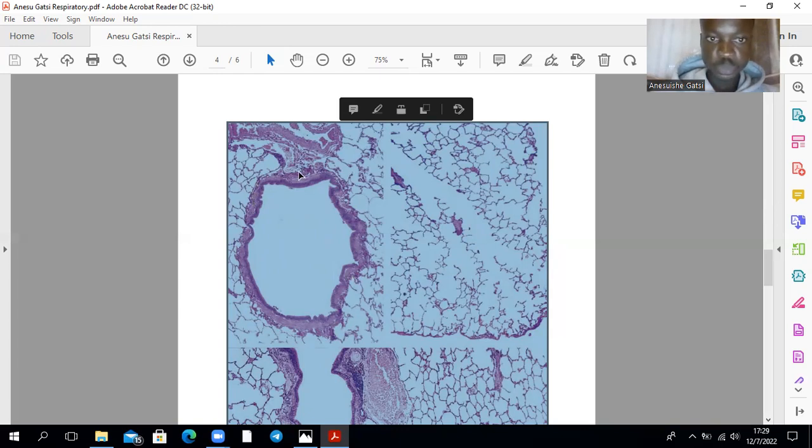Then what else can we see here? Right there, those are blood vessels. This is an alveolar duct. These are alveolar sacs. Remember I said there will be concretions of alveoli. That's an alveolar sac, that's an alveolar sac. These are the alveolar ducts.